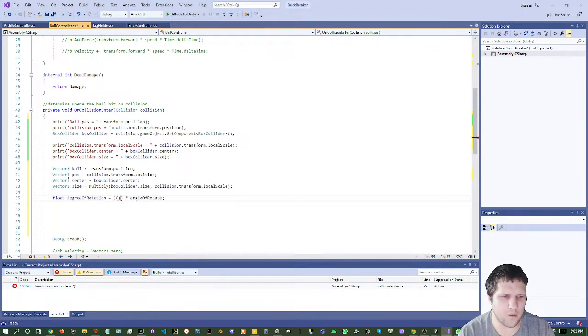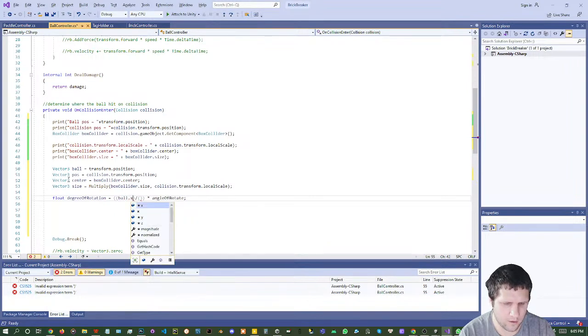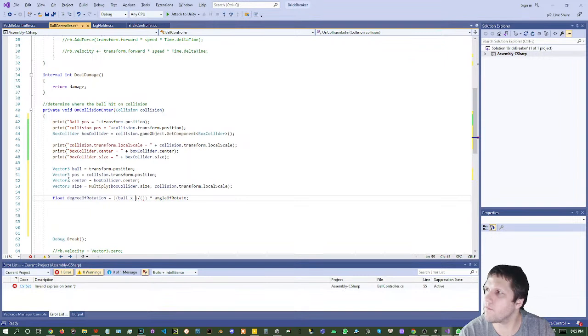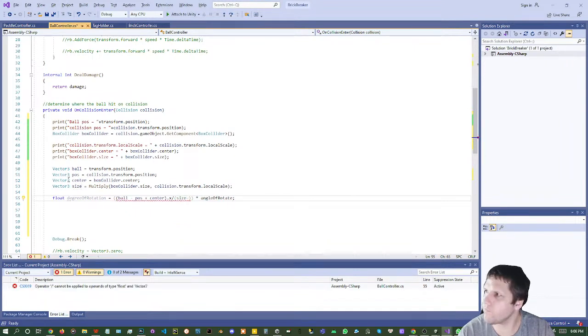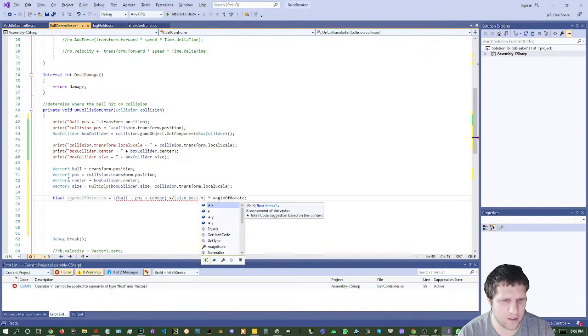So the first thing is going to be, and then divided by, so the left side is the ball.x minus position plus center.x, divided by the size minus position.x.